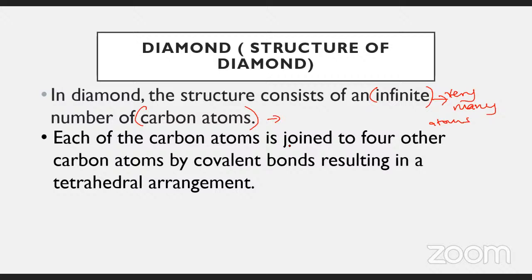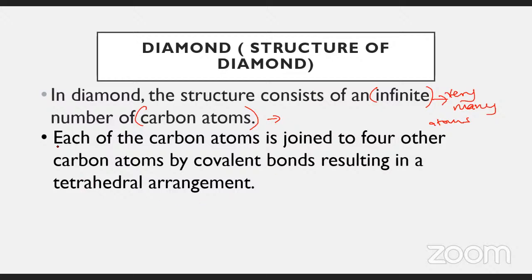Then each of the carbon atoms is joined to 4 other carbon atoms by covalent bonds resulting in a tetrahedral arrangement. Miracle once again says diamond is hard and with a high melting point. Okay, thank you, this is one of the properties.